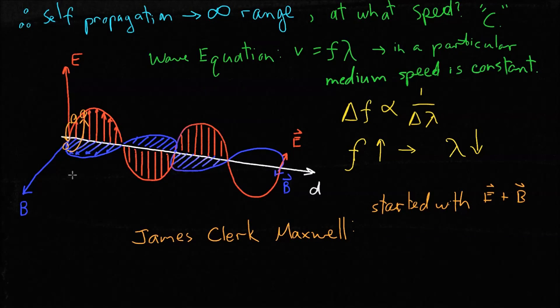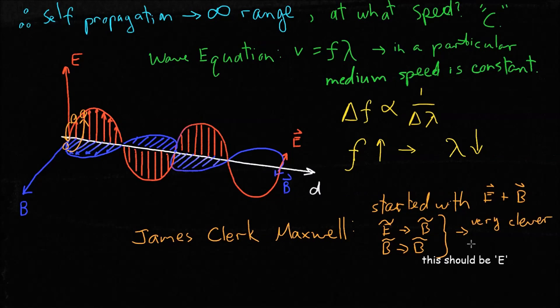So electric field causes magnetic field, causes electric field, and so on. And then he did lots of very clever and very hard maths, and at the end of it all he formulated what are now known as Maxwell's equations, a set of equations that describe all of electromagnetic radiation.